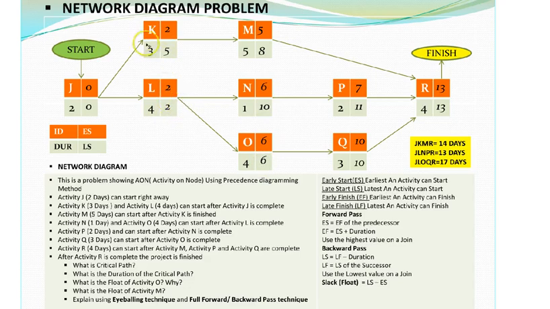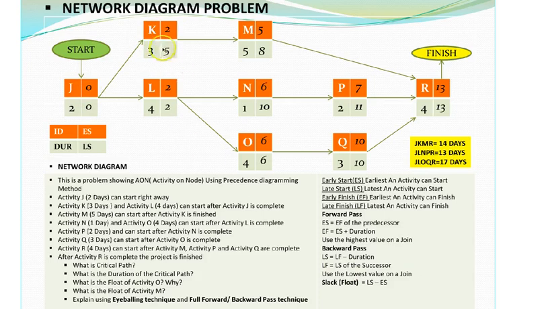So when I go to K, is there a join over here? No, there isn't. So all I take is 8 minus 3, and it will give me a value of 5 for activity K. But now while I'm going to activity J, which is where I started from, again I have a join, because it's coming from K and it's coming from L. What we have to remember is to use the lowest value on a join.